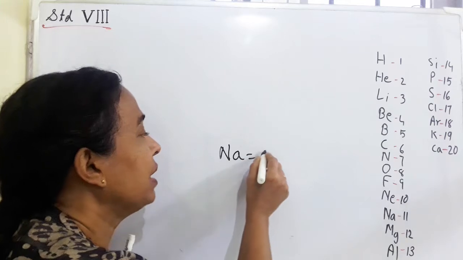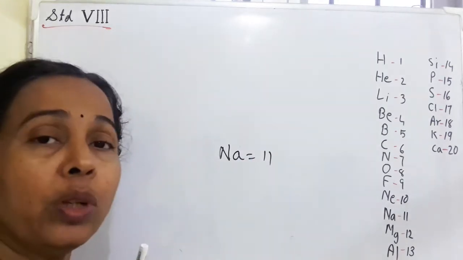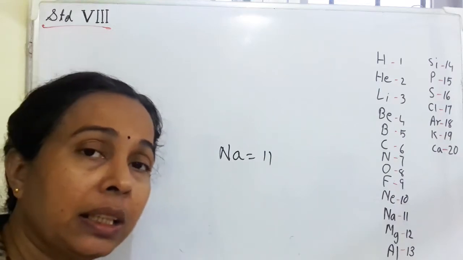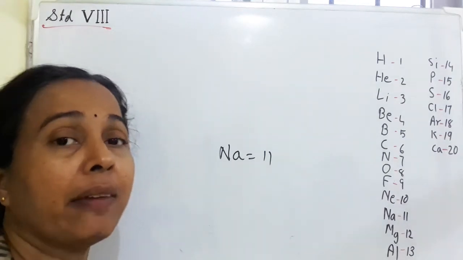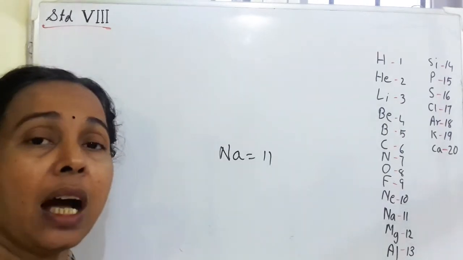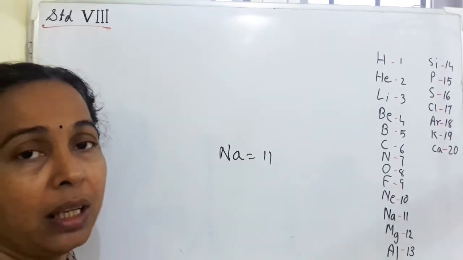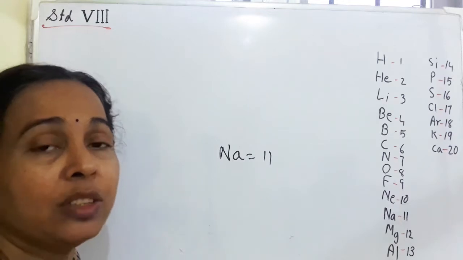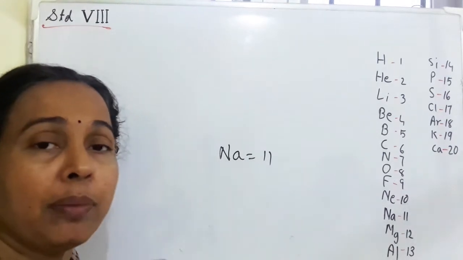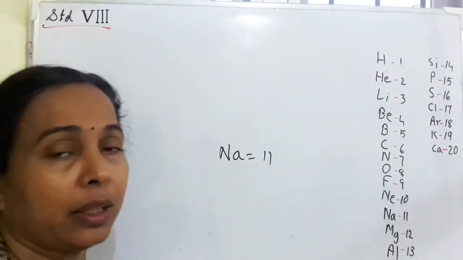What does it mean? It means that in the nucleus of every atom of sodium there will be 11 protons. Okay, and we have already seen that an atom as a whole is neutral. It has no charge at all. So we have concluded in the last class that in a neutral atom, number of protons is equal to number of electrons.